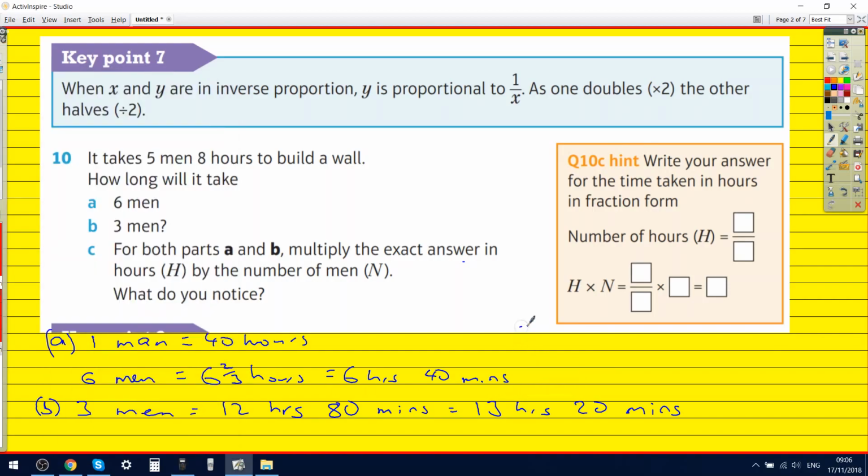That was the time it took one man, wasn't it? And I assume this one as well. 3 times 13 hours 20 minutes will also give us 40. Any questions there? No. So that can be a check for your answer at the end. If you multiply the two, you should get how long it takes one.